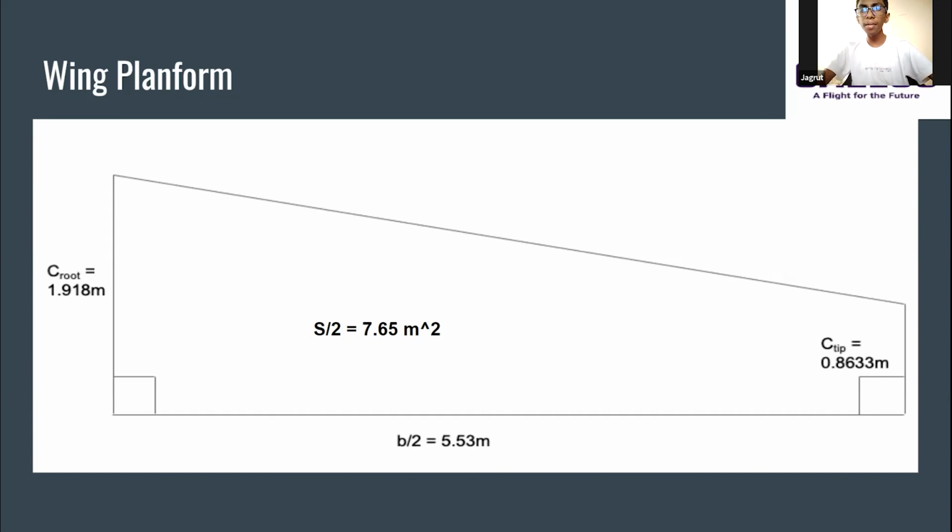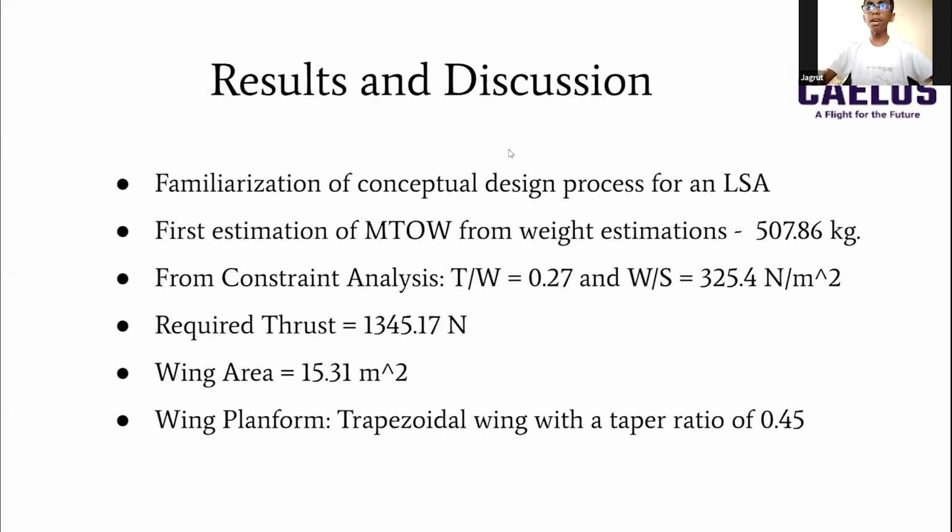As you can see here, by performing all of this, we have come upon results like familiarization of the conceptual design process for an LSA, first estimation of the maximum takeoff weight from weight estimations, that is 507.86 kg.